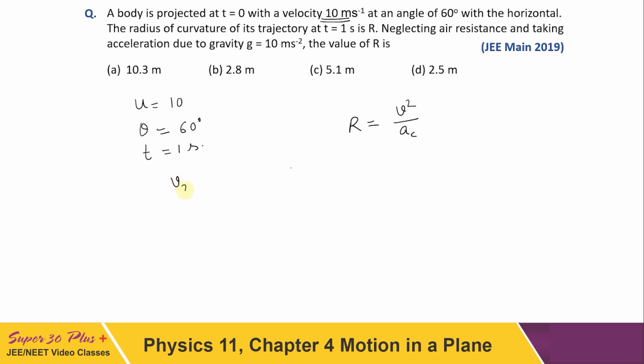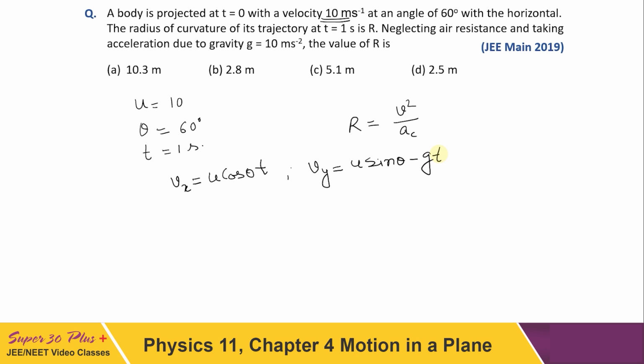So vx can be written as ux plus axt. That will come out as u cos theta, because as we know there is no acceleration in horizontal direction. And vy can be written as u sin theta minus gt. So these are the x and y components of velocity.